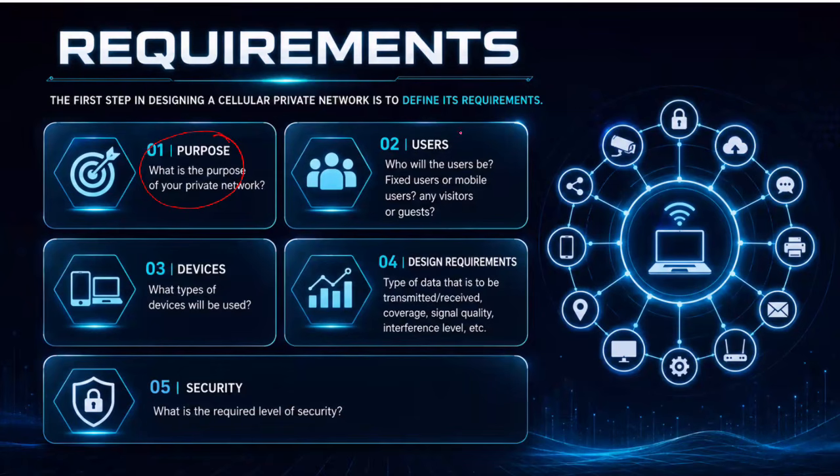Next is, who are the users? Are these employees, visitors, contractors, or machines? Are these machines stationary, or will they be moving around the facility? As you know, nowadays we have AGVs, robots, scanners. Some are stationary and some are moving around the facility as well.